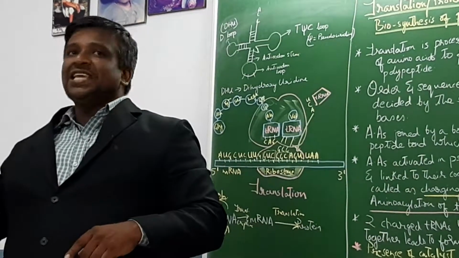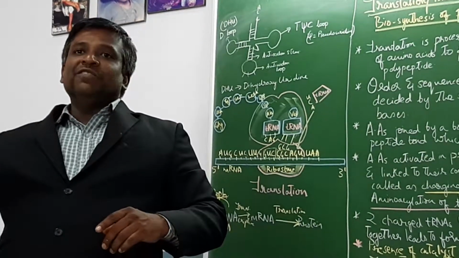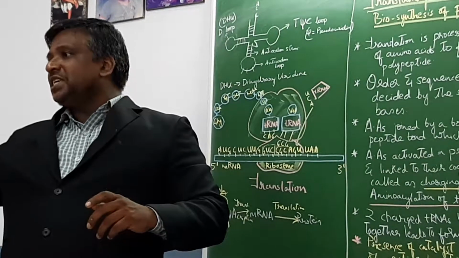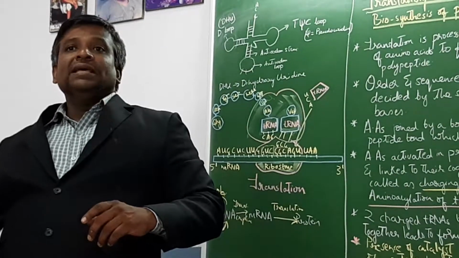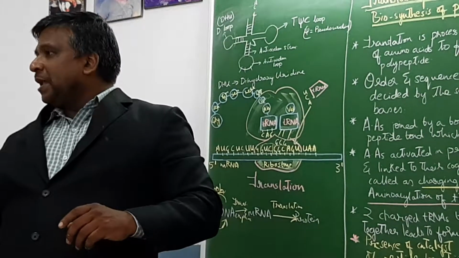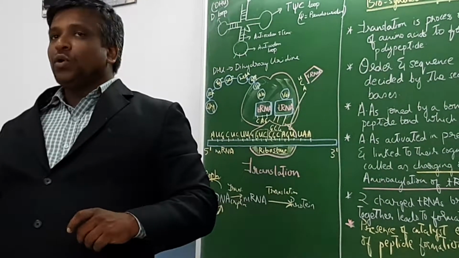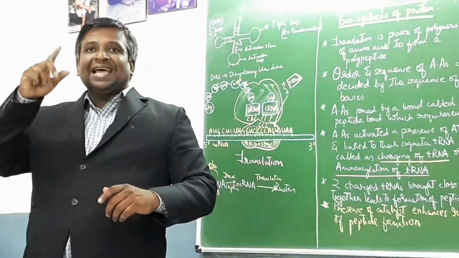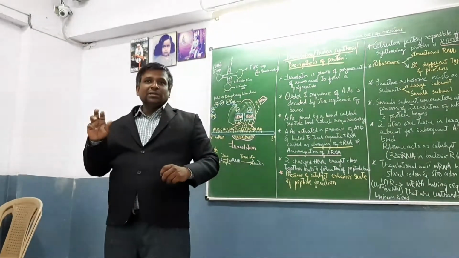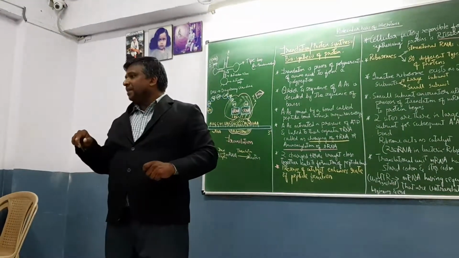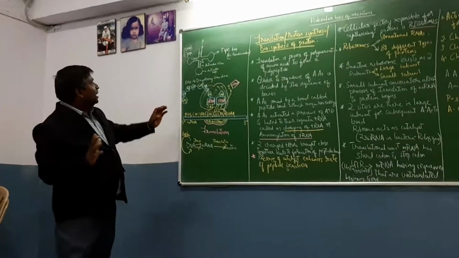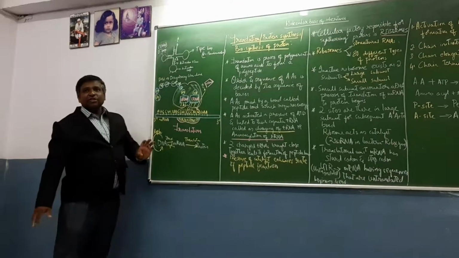Similarly, TΨC is another arm which has a TΨC stem and TΨC loop. Ψ (psi) is the representation for pseudouridine. Pseudouridine, or false uridine, we call it psi, the Greek symbol psi. Remember that. So that is the structure of tRNA you should know.